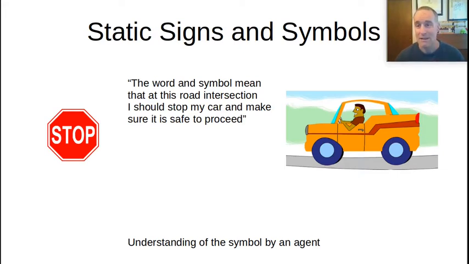It's a command, essentially, that has some force of law as well, that I have to stop at this road intersection, and after I stop and look around and make sure it's safe to proceed, then I'm free to do so. So there's an understanding of this symbol by an agent. The agent responds to that symbol and has a response that has some significance in the real world.